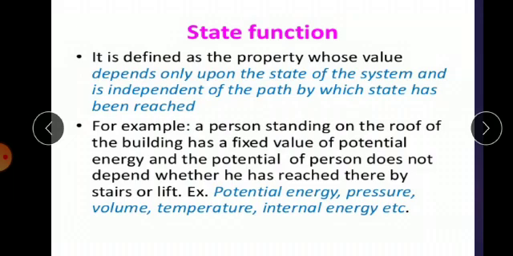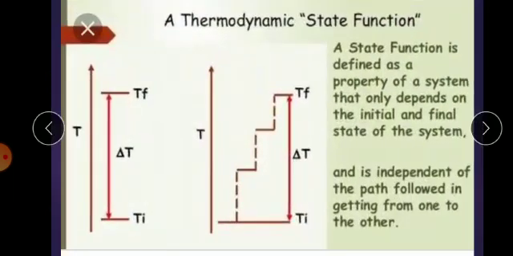I shall give more examples for the state function. Suppose you are traveling from one place to another place. Consider that you are a system. A state function is defined as a property of a system that depends on the initial and the final state of the system. This is initial, this is final. These two are said to be state functions, right? Suppose you are traveling from one place to another.